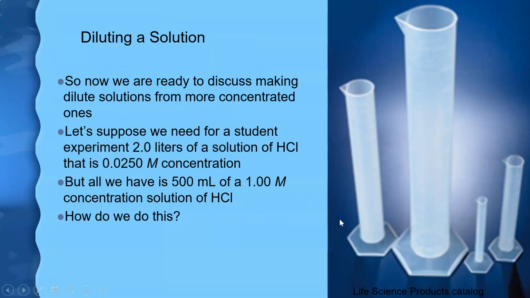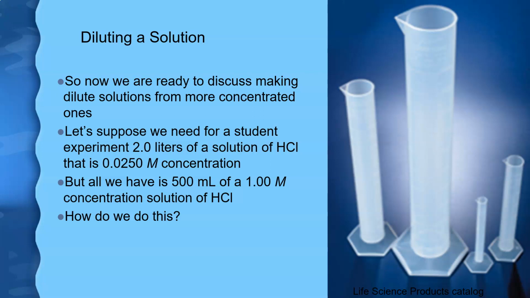So let's say that for a student experiment, we need 2 liters of hydrochloric acid that is 0.0250 molar in concentration. But what I have in my stockroom right now is 1 molar.